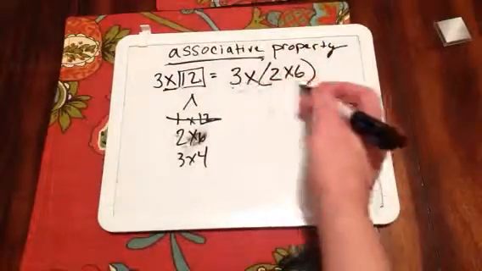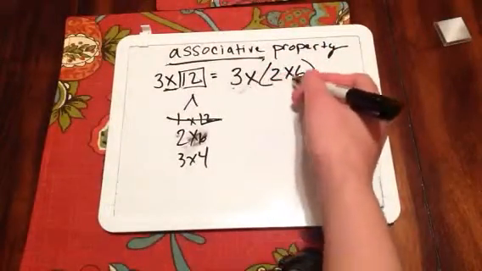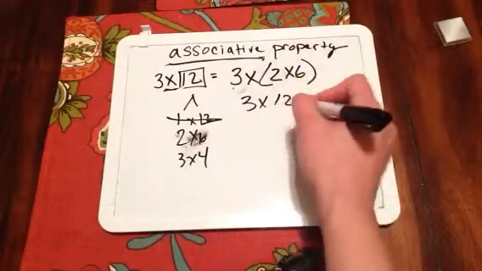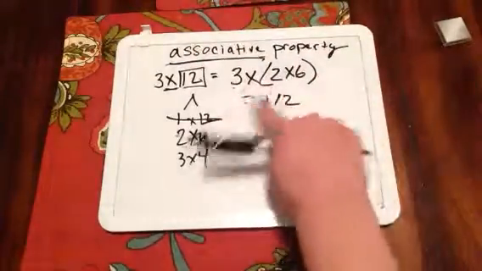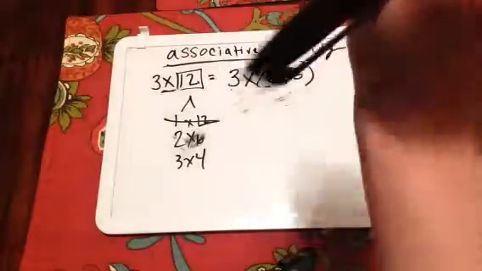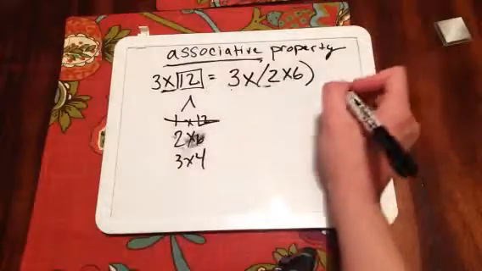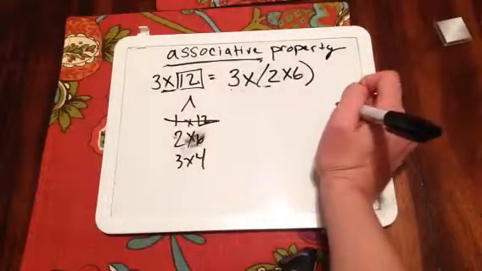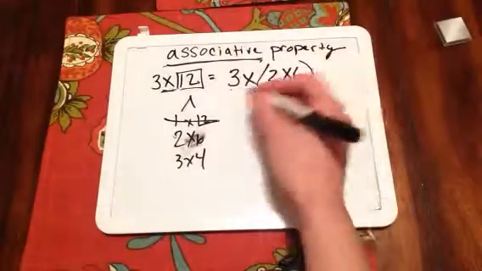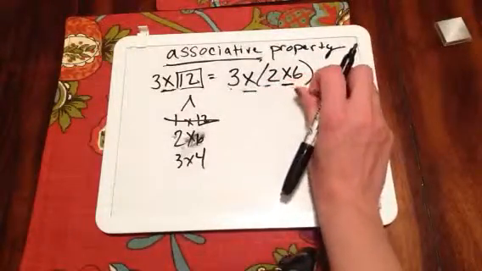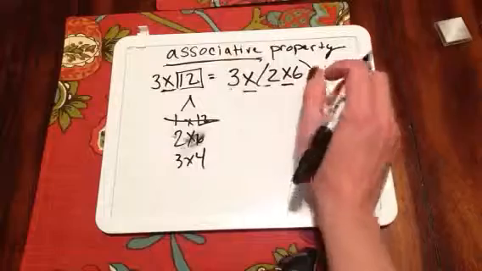Well, right here, this is not going to help us because if we were to solve the number in parentheses first, this problem would equal 3 times 12, which is exactly what we have there. Not helpful. But if we use the associative property, it tells us that we can put this in any order we want because we're multiplying, and we can get the same answer.